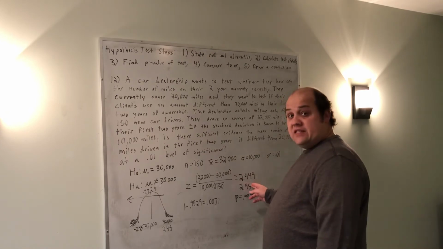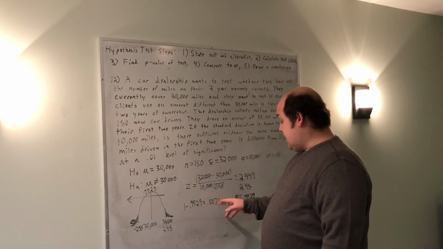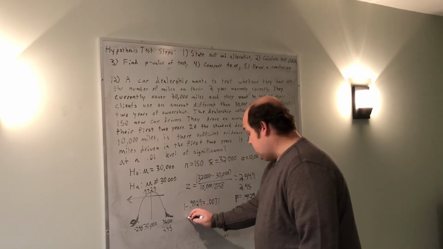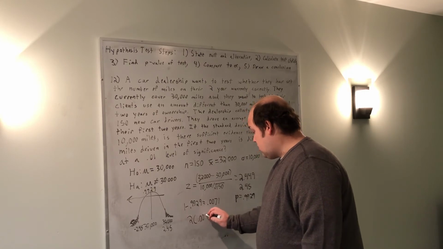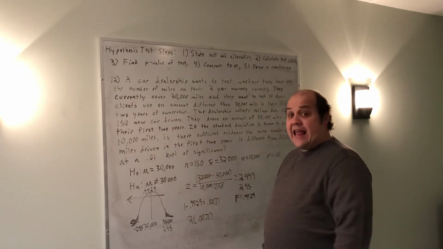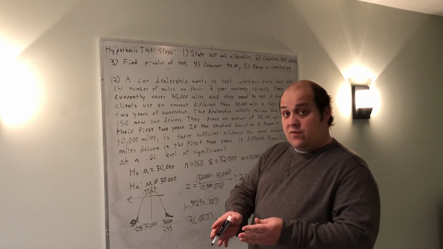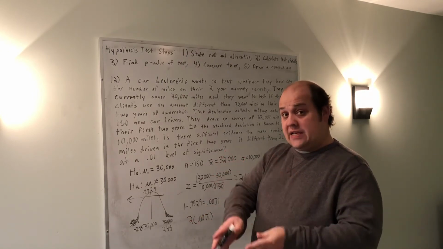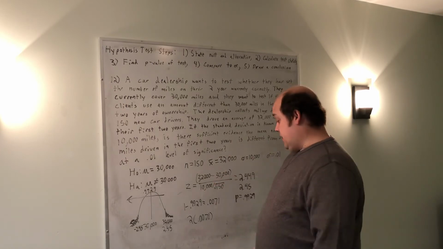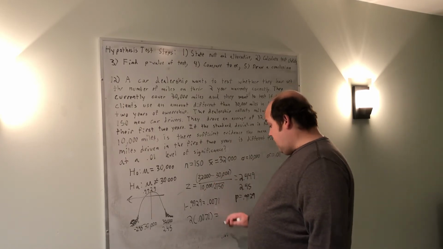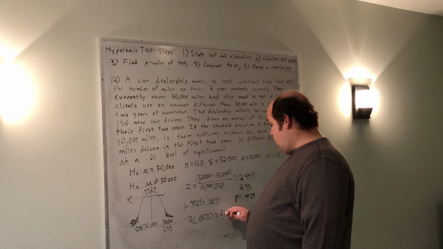With a positive z-score, do 1 minus the table value, then double it. If you get a negative z-score for a not equal to test, find the p-value in the table. Don't do 1 minus, just take the actual p-value and double it. So in this case, when I double, I get 0.0142.